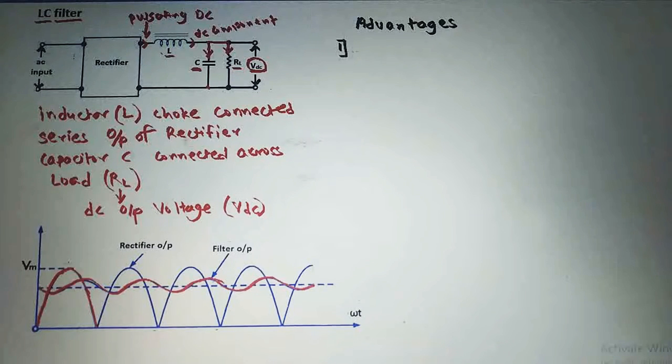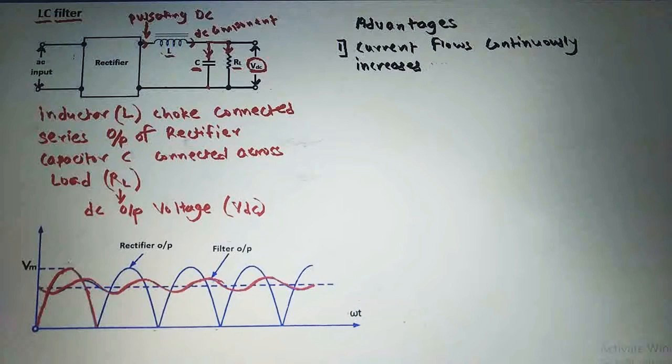The first advantage of LC filter is that in this LC filter the current flows continuously, which increases the efficiency of transformer.